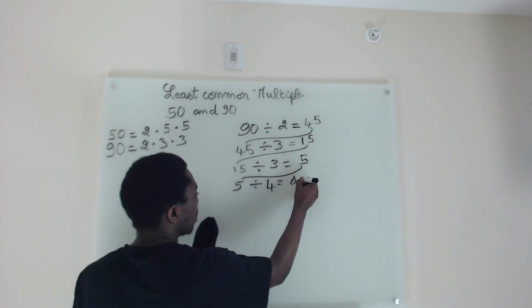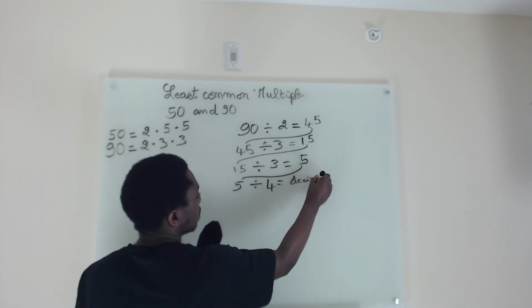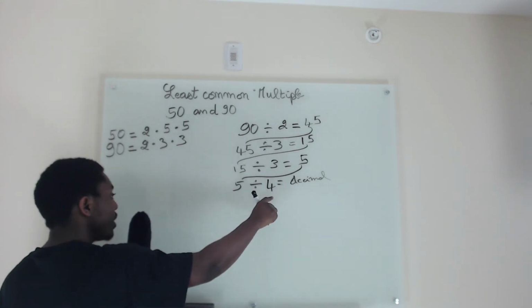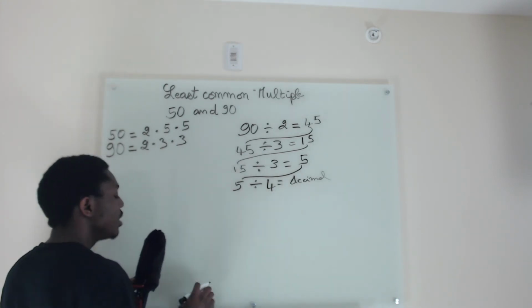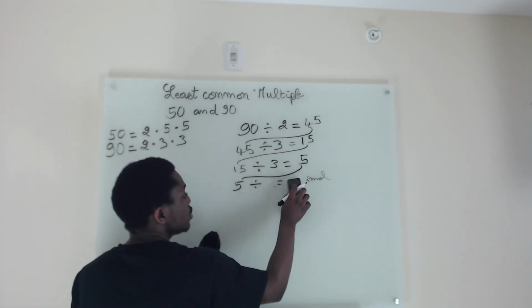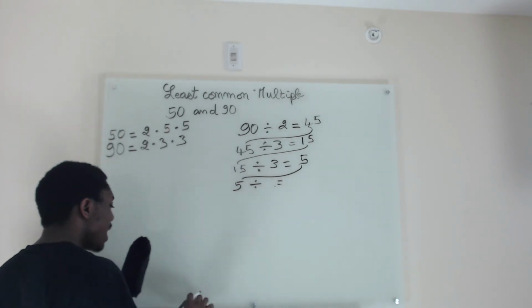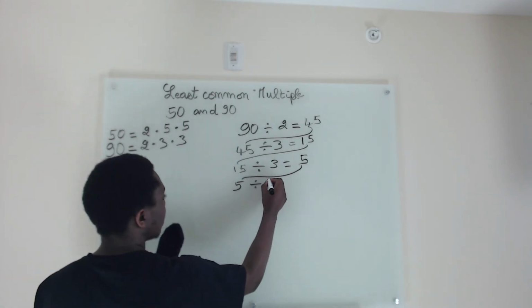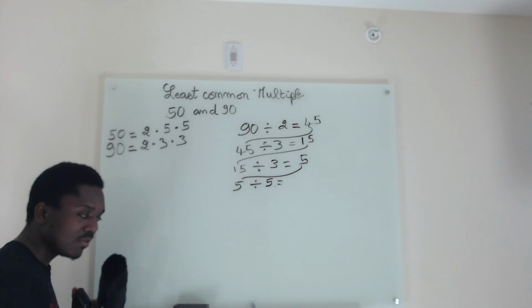A decimal. Which means 4 is not a good number. So I have to change 4 to the number that comes after 4. So what is that number? It's 5. So I put 5 here.